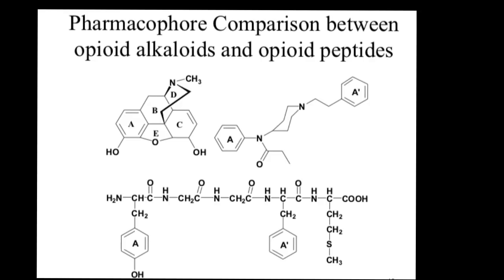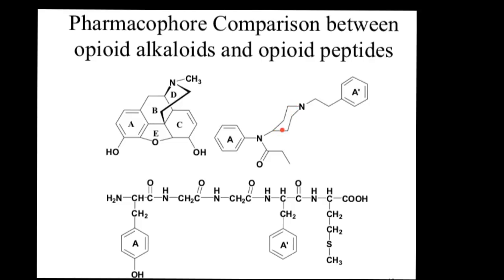The distance between this aromatic ring and this aromatic ring is actually the same distance as this aromatic ring and this aromatic ring, which is why it fits in the receptor the same way and activates the receptor in the same way. This ketone is actually mimicked by this hydroxyl group here, and these nitrogens are mimicked distance-wise, because this actually shortens the distance.